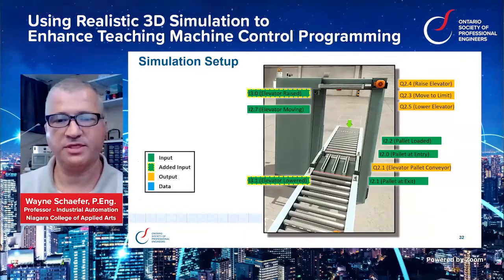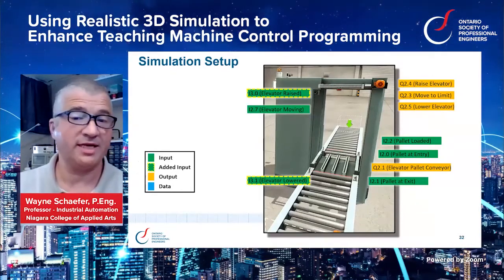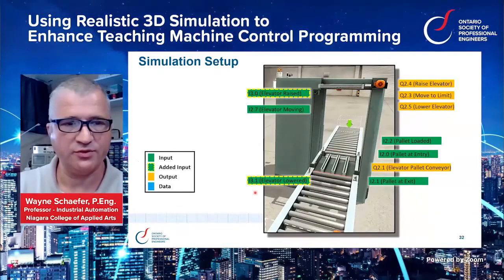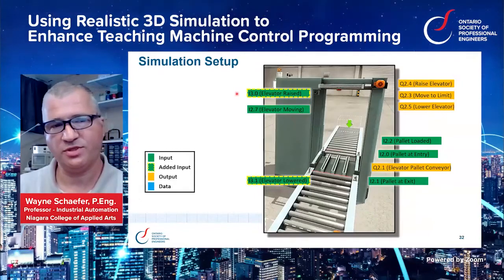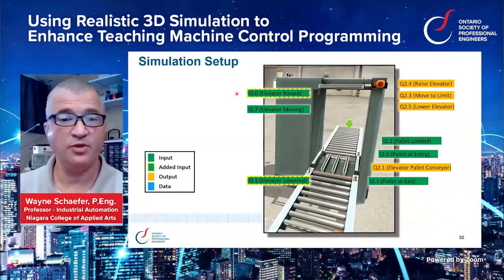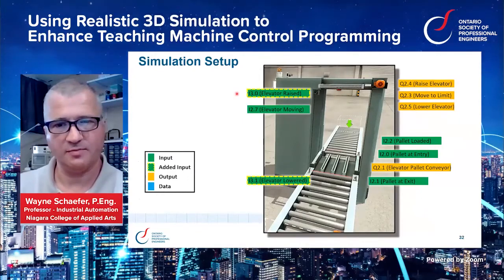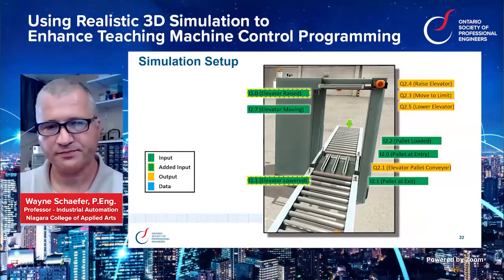The inputs consist of elevator moving status, pallet entry, pallet loaded, and pallet exit proximity switches. And again, this is an example where I've added two switches for elevator lowered and elevator raised. Those are proximity switches that come with the simulation, and I'm using them to detect a moving object that's not a box or the machinable material.